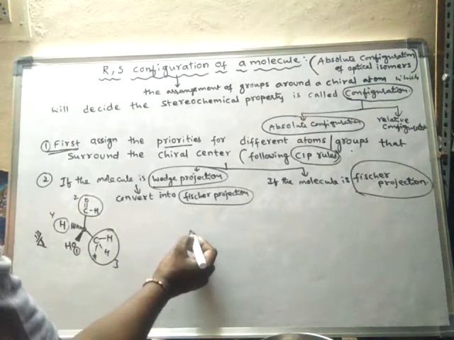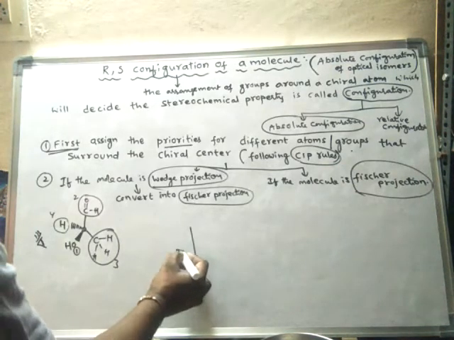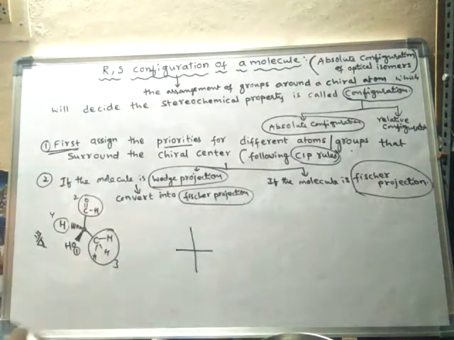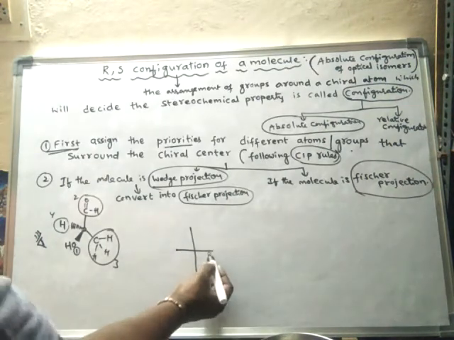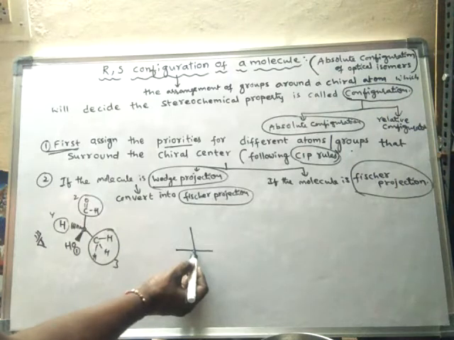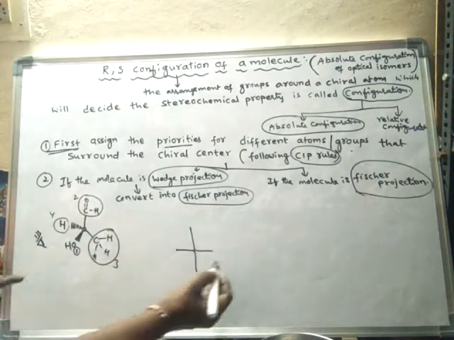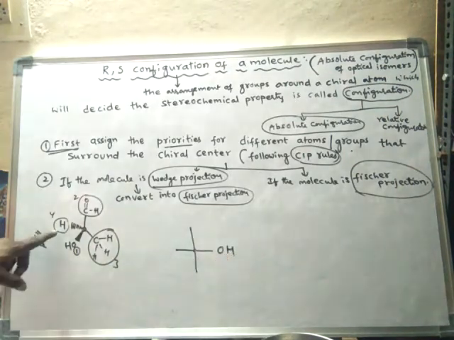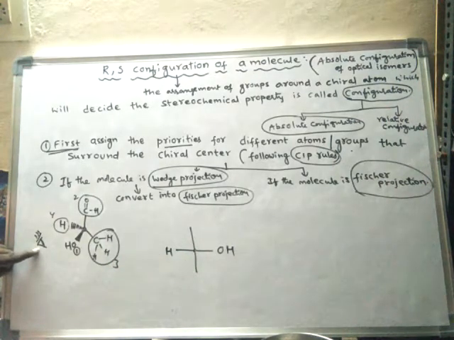Here we have to write the same structure in Fischer projection by using solid bonds. This is a chiral carbon atom, and this should be written towards the right side and this should be written towards the left side, because we have to view this molecule in this direction.